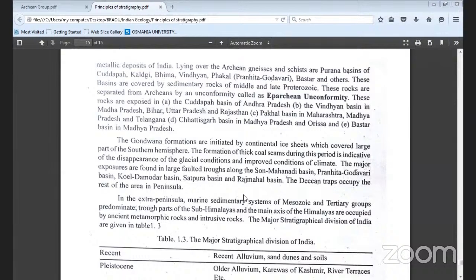The major exposures are found in a large faulted trough along the Mahanadi basin.